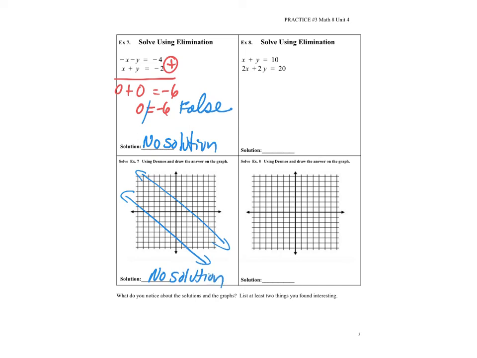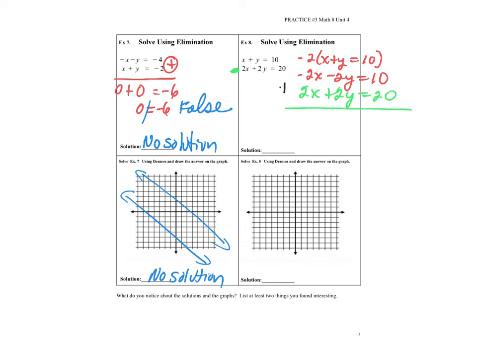All right, 8. Again, we cannot add them and wipe out a variable, but we can multiply the top one by a -2. And that will give us -2x minus 2y equals 10. And then I'm going to bring this one, 2x plus 2y equals 20.